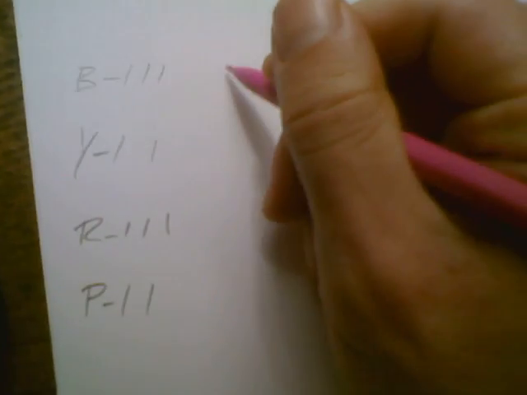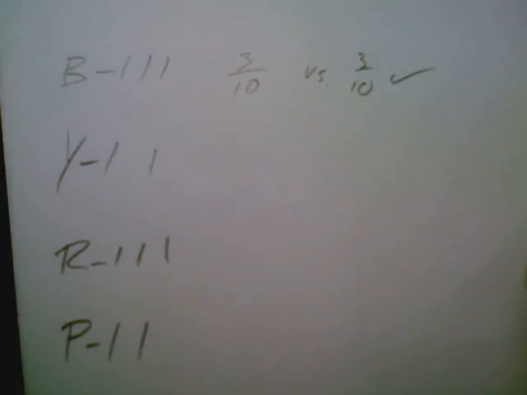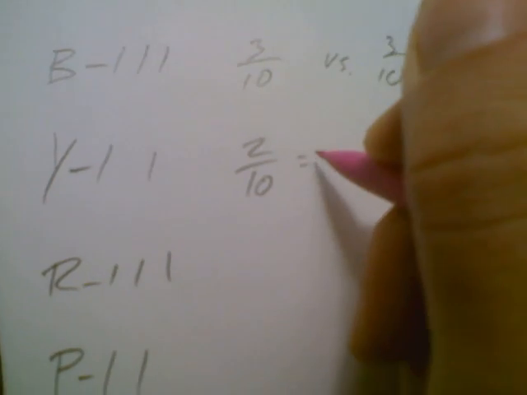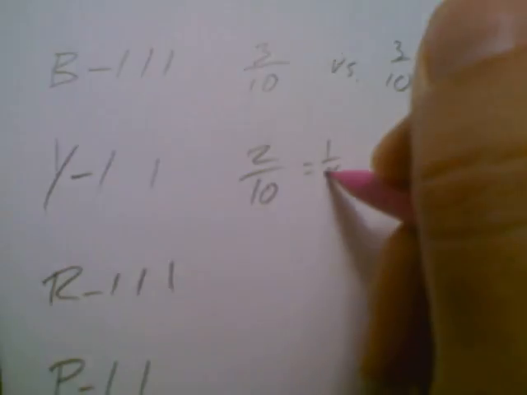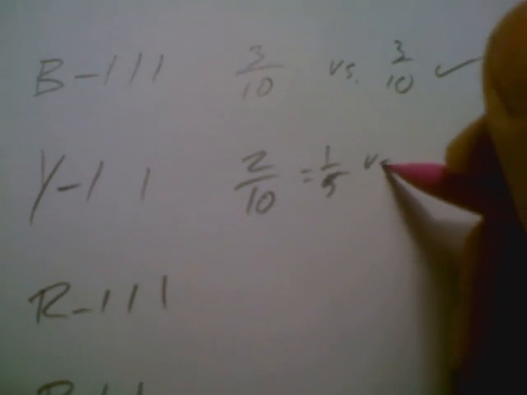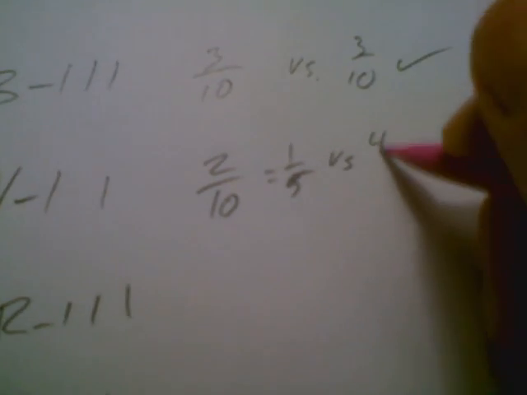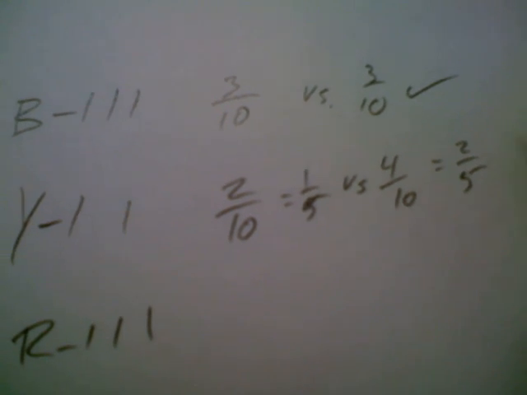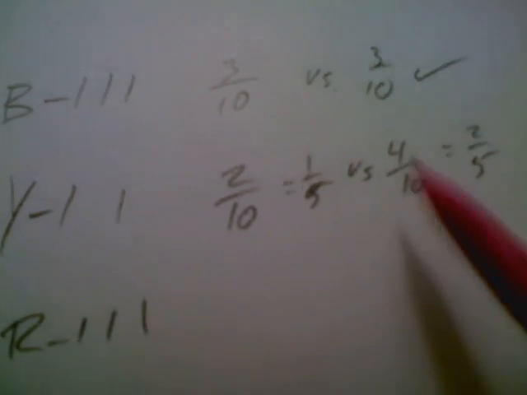So theoretical, this is called experimental probability. 3/10 versus 3/10. So we're right on track with that. 2/10 or 1/5 versus 4/10, which is the same thing as 2/5. So we're off. We should have gotten 2 more.